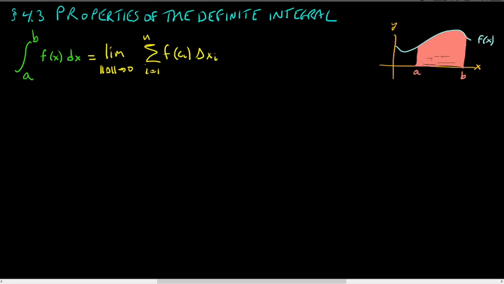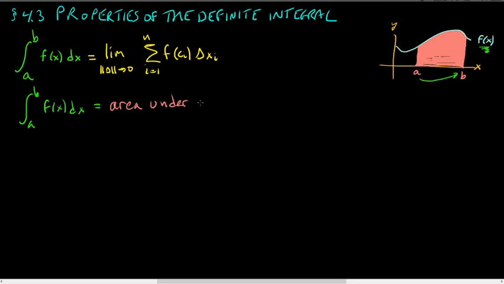As a practical matter, what does this represent? What is the definite integral of the function? So over here on the right, you have the graph of this function f of x, from a to b. So we're going from x equals a to x equals b. It's just going to be the area. It's going to be this red area in here. So the area under the curve.